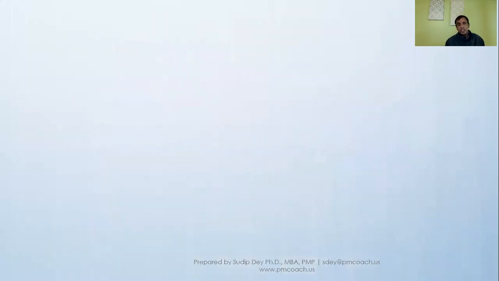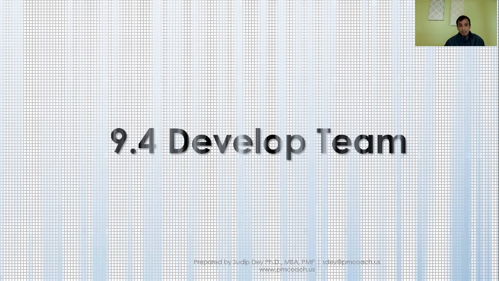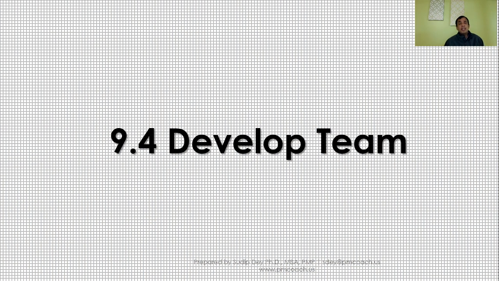So we have finished this particular process, which is acquire resources. Now we are moving into the next process, which is develop team. Develop team, as we have mentioned before when we started this knowledge area, is about developing the team.